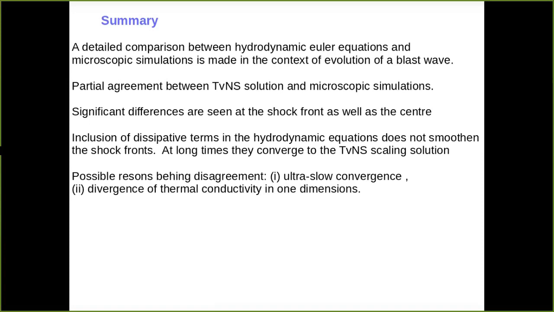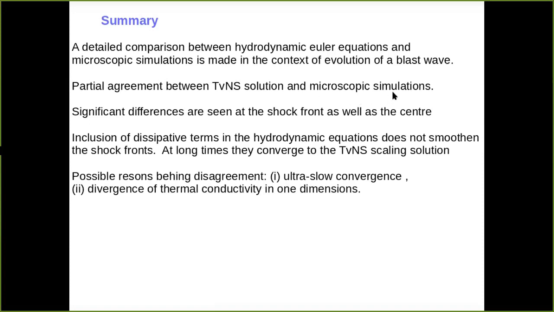So to summarize, almost the summary part has already been done by Santhosh. A detailed comparison between the hydrodynamic Euler equation and microscopic simulation is made in the context of the evolution of a blast wave. We consider an alternate mass particle gas for our model. There is partial agreement between the TVNS solution and the microscopic simulation.